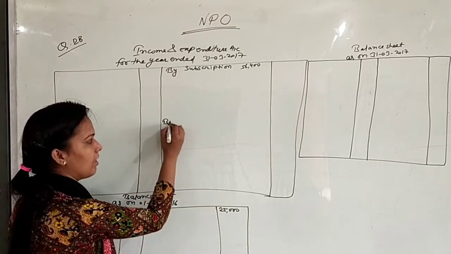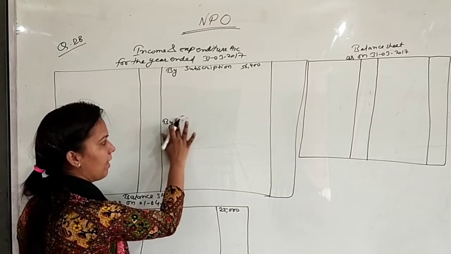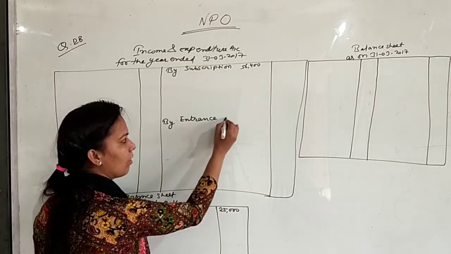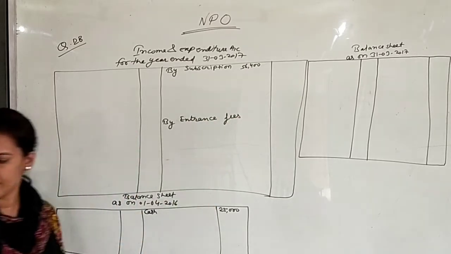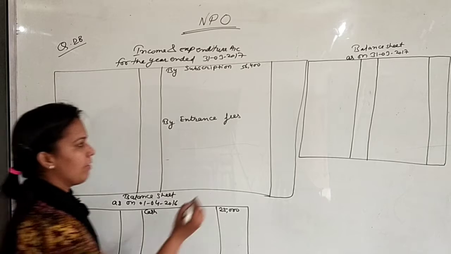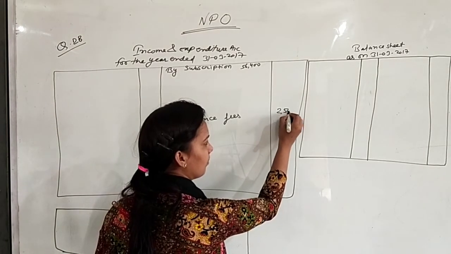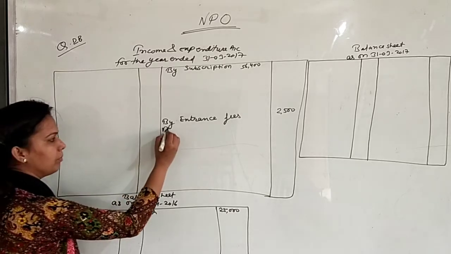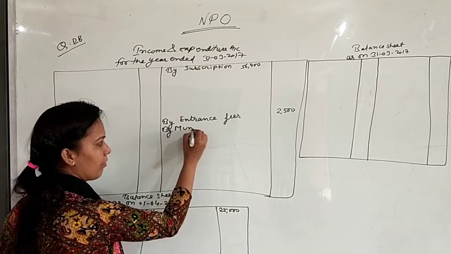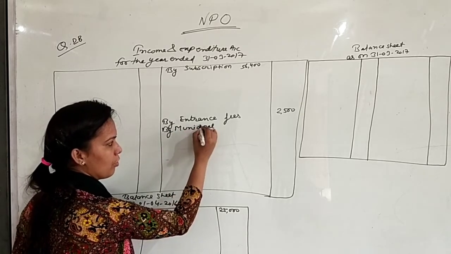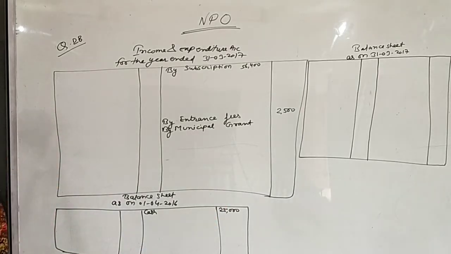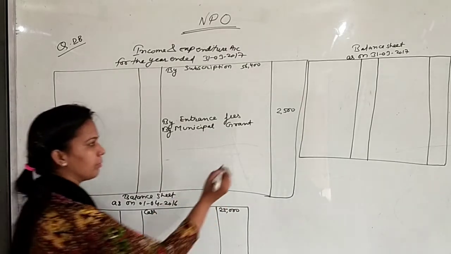So we will write it in income and expenditure account by entrance fees, amount is 2,500. Next point, municipal grant. This is also a kind of revenue income. Means you are getting help from the municipal party, that is municipal grant, 20,000.